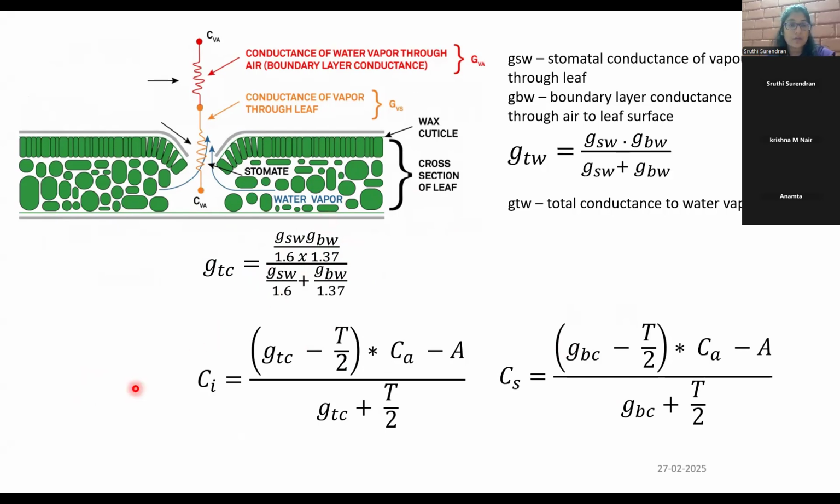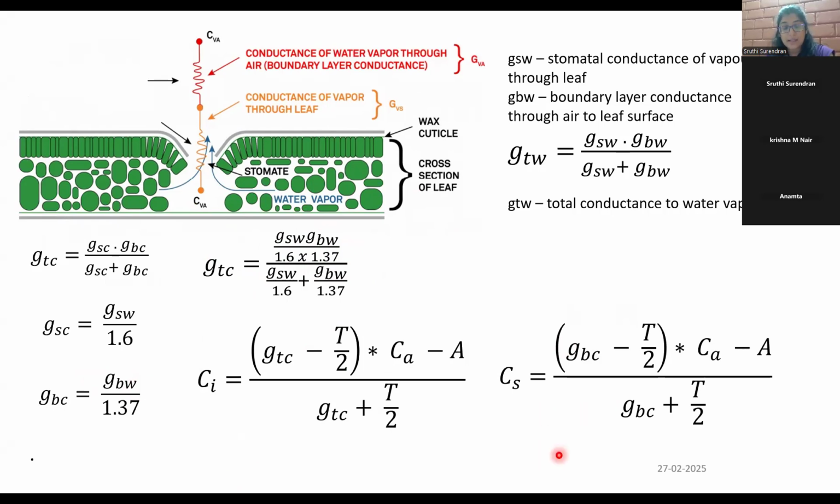Now, why we need all of this is that when we are estimating the carbon dioxide concentration on the surface, we need to know the boundary layer conductance to carbon dioxide also. This is the way the Licor instrument works. I wrote this equation here so that you can understand how the Licor instrument is estimating the internal carbon dioxide concentration.